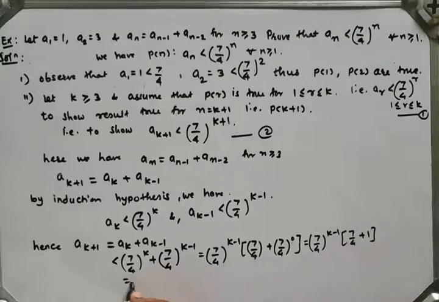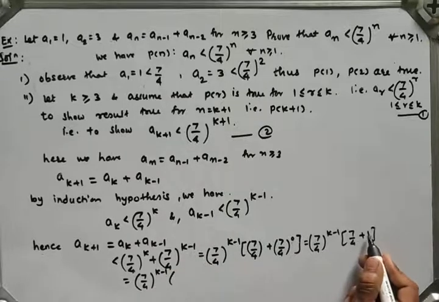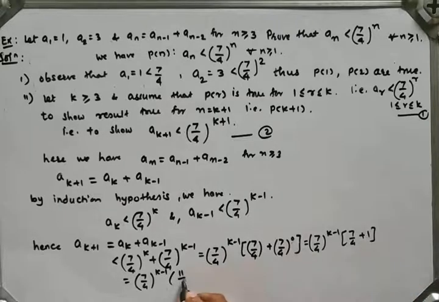So this is equal to 7/4 raised to k minus 1 into the bracket. After cross multiplication I get 7/4 plus 1, so 7 plus 4 is 11/4, right? So here I get 7/4 raised to k minus 1 and here 11/4.